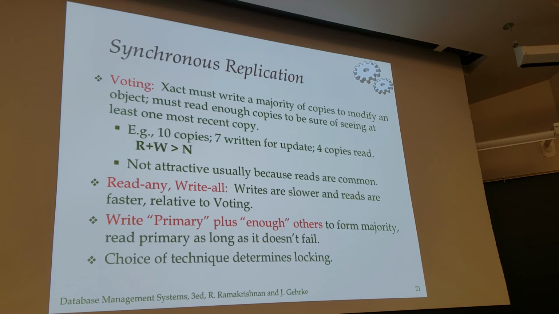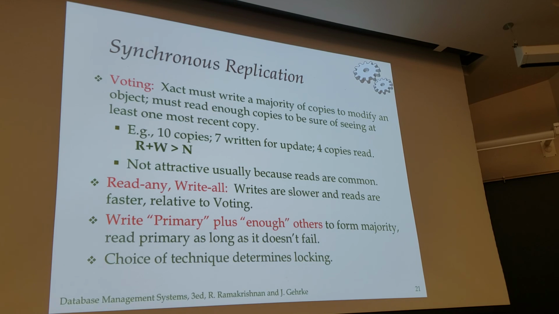There is another game, which is typically write the primary. There's a primary copy, and you write the primary plus enough other copies to make a majority. So again, working with R plus W greater than N, I will write to my primary, and I will only read from the primary, because the primary will always have the current copy. That works very nicely as long as the primary doesn't fail. So if the primary fails, somebody else has to take over as primary.